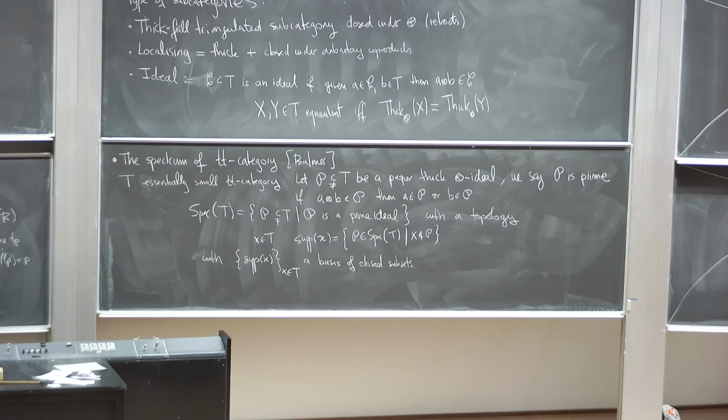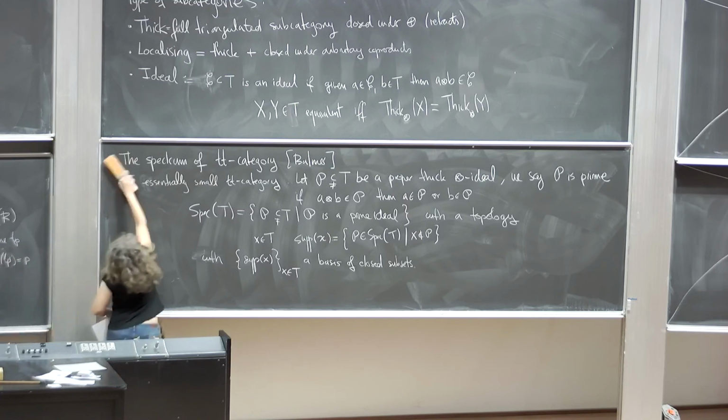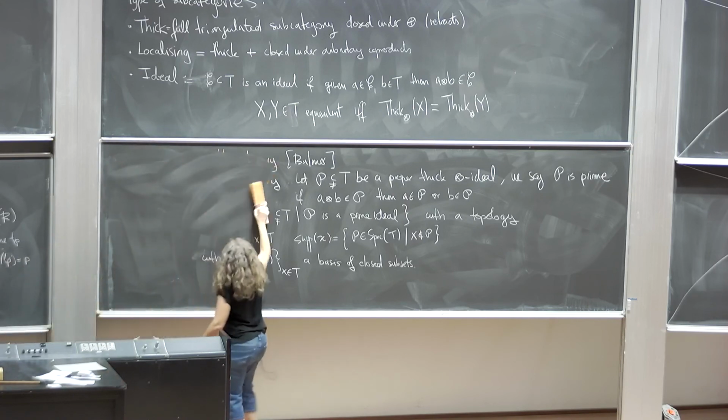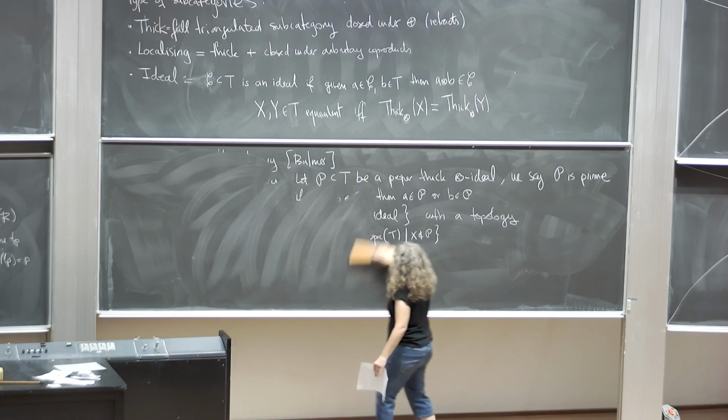And then as a corollary, you have the classification of localizing tensor ideals, and then by restricting to compact objects, you also have classification for the thick tensor ideals. Yeah, they come together under certain hypotheses. Okay, so another example.